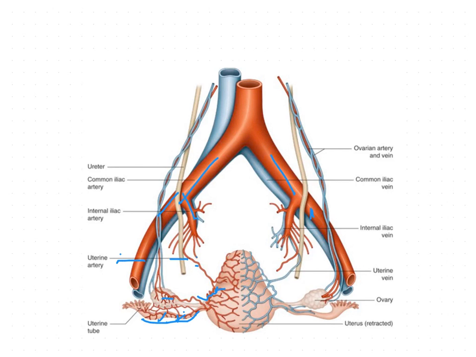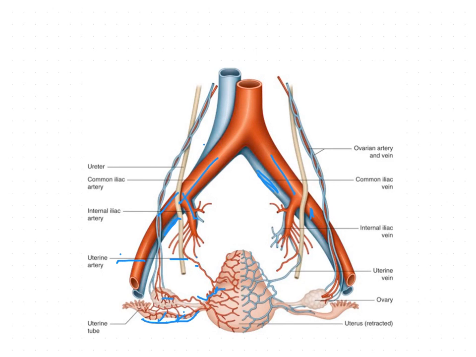The right common iliac vein is posterior to it, behind it, so here you can find the iliac vein posterior to the vena cava above and medial to it below.